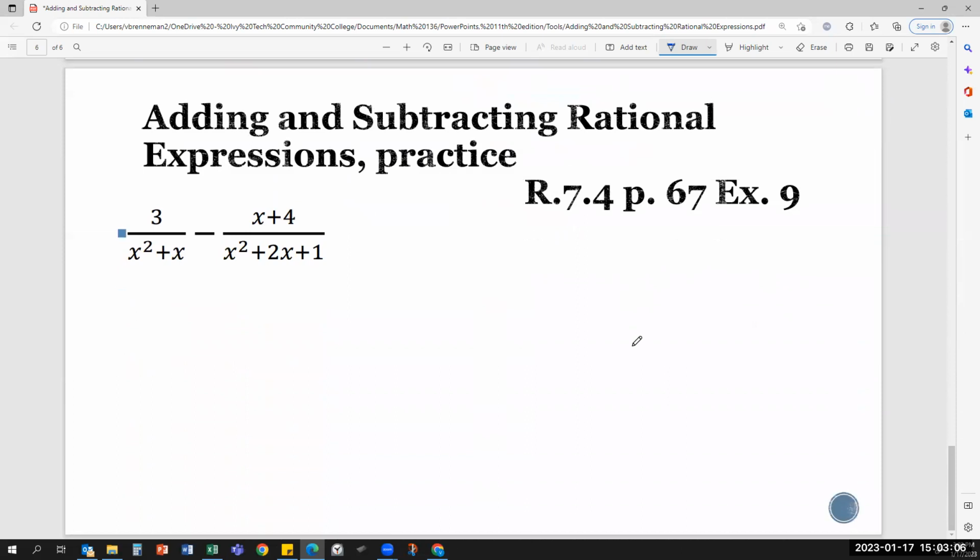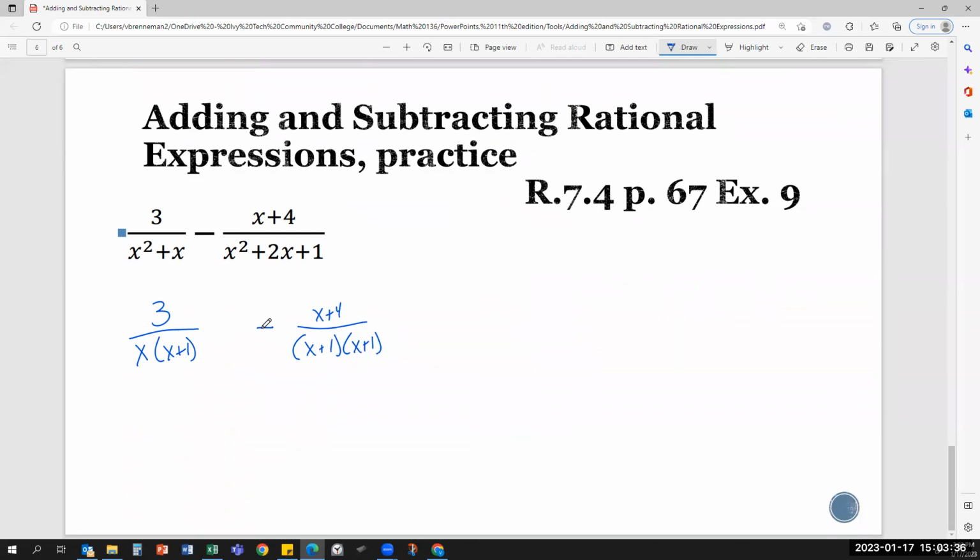All right, and one more example. Here we have to actually factor the denominators to see what common factors might be there or what factors might be missing. So this is 3 over x times x plus 1, and I'm going to leave some space for that multiplication I might need to do. Minus, and we have x plus 4 over x plus 1 times x plus 1.